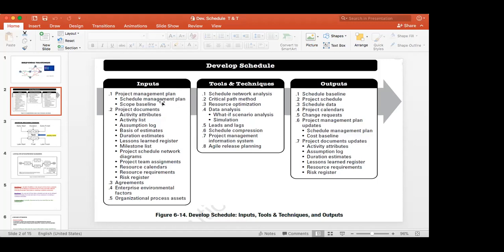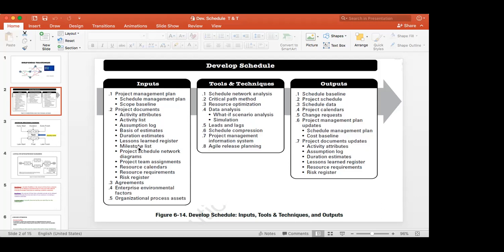Then project documents: you need activity attributes, activity lists, assumption logs, basis of estimates, duration estimates, lessons learned, and milestones we have gathered. You also need a project schedule network diagram and project team assignments. All these things are inputs to the develop schedule process.